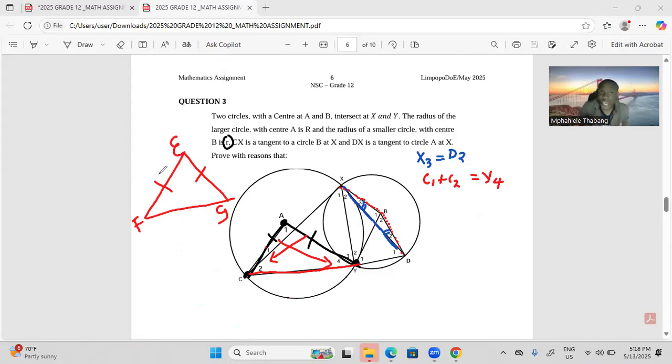EG is equal to EF, so the angles opposite to those two equal sides are also equal, which means that the angle F and the angle G are equal. So just watch out for isosceles triangles and identify those sides that are equal and those angles that are equal.